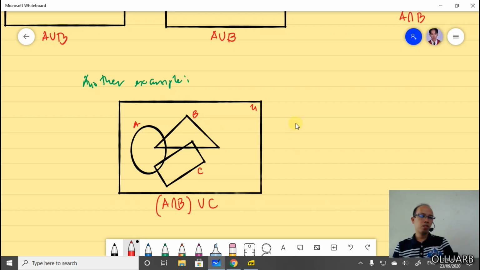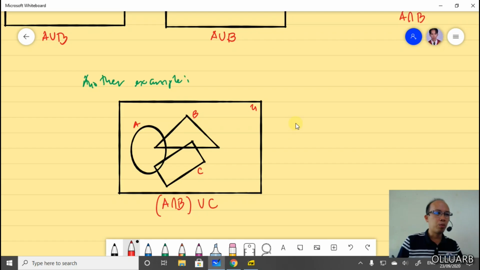This is just the same as with numbers. If you have the presence of grouping symbols, then you have to start with that portion. Evaluate this first, and after getting its value, you then get the union.